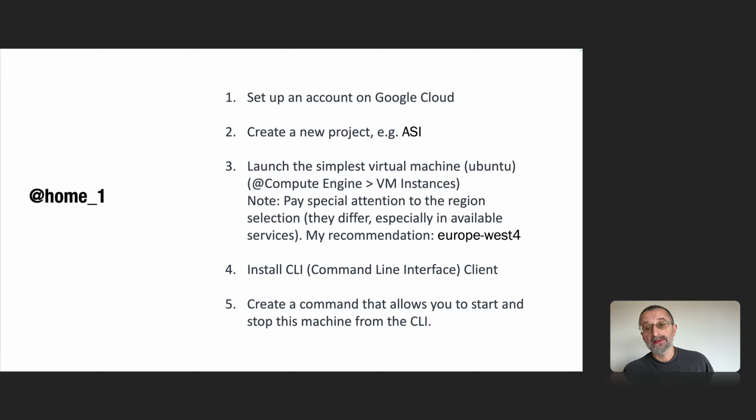That completes the first section. Obviously, my recordings are complemented with different practice sessions. So, as the first at-home personal exercise, I suggest you set up a Google Cloud account if you haven't yet. Ask, for example, for the student license, and you'll get some extra credits. Create a new project there, for example, ASI or whatever.